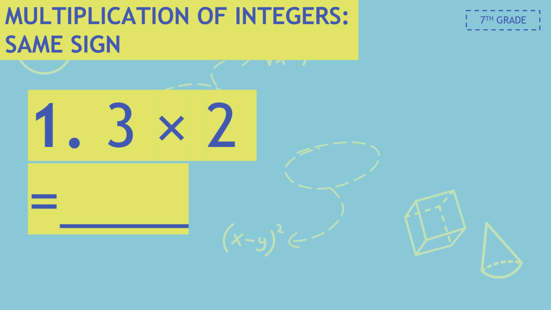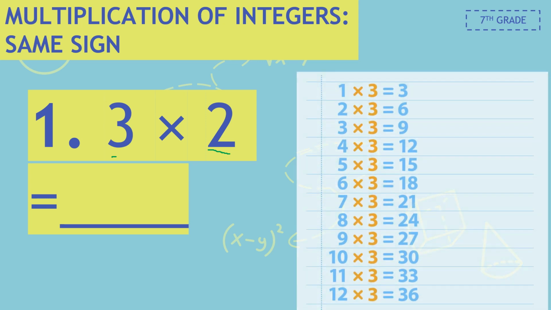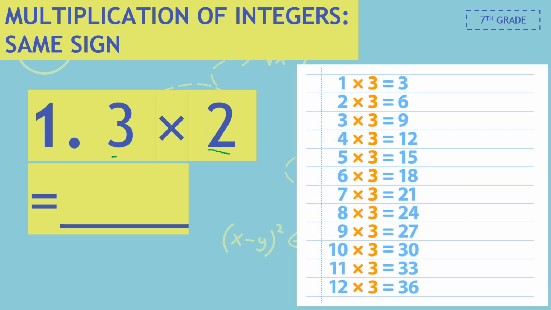As you have noticed, the first integer is positive and the second integer is positive as well. Parehas lang po silang positive. Sabi sa rule natin, if we are multiplying two integers with the same sign, the answer will always be positive. Let's take a look at our multiplication table. 3 times 2 is just the same with 2 times 3, right?